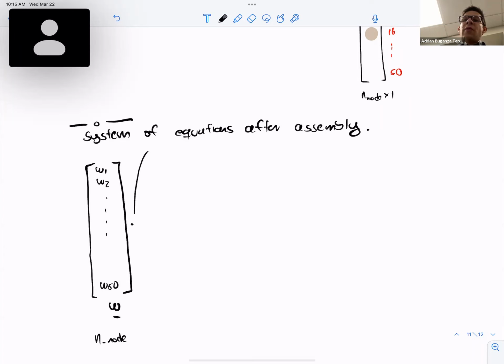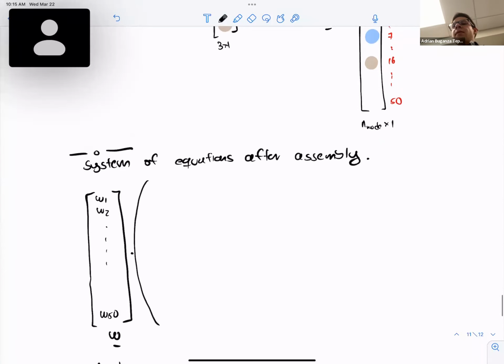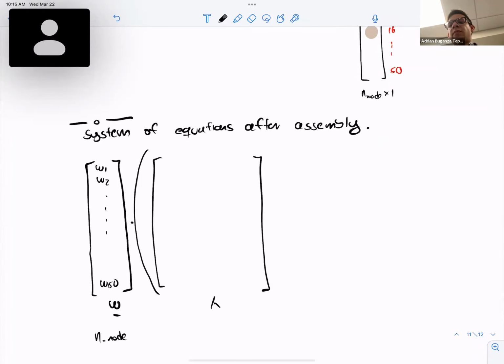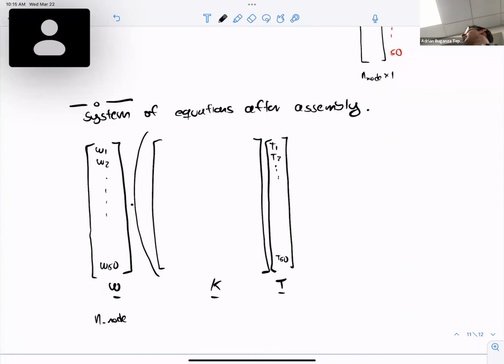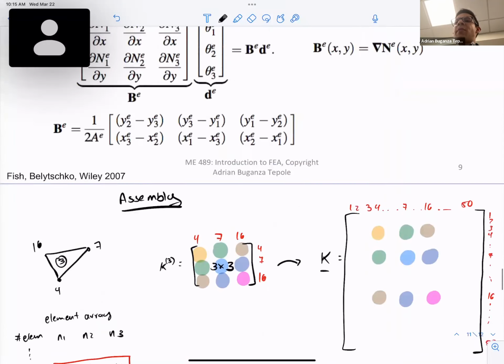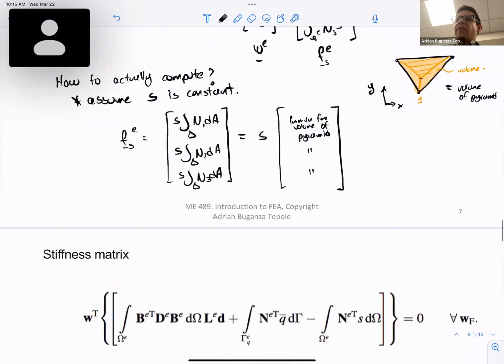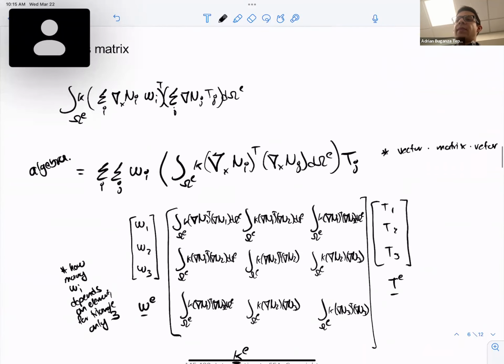And then that one times the big K matrix times the T vector. Again, this one has all the nodal values.